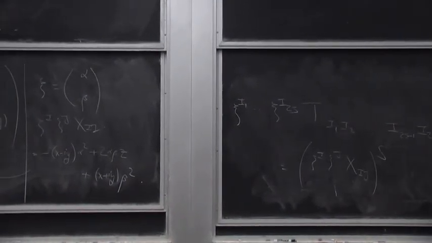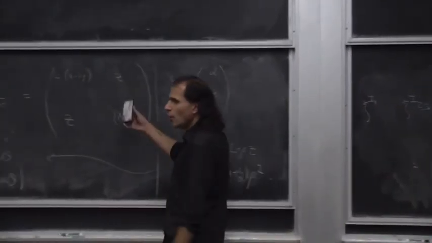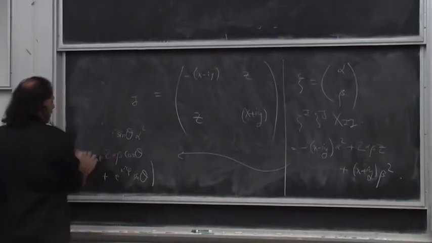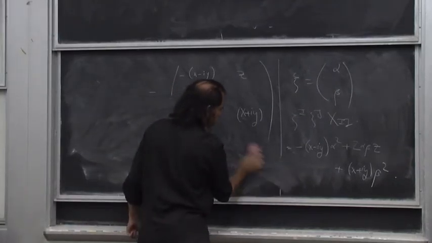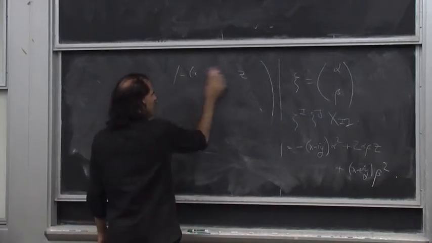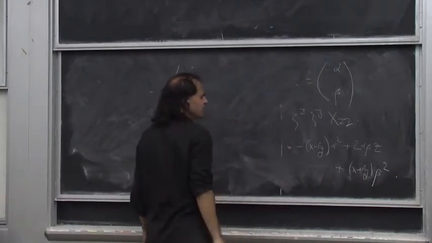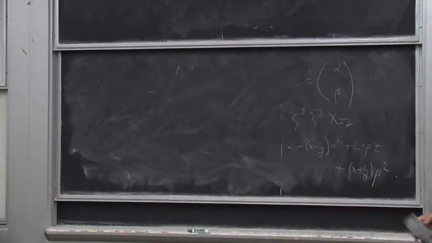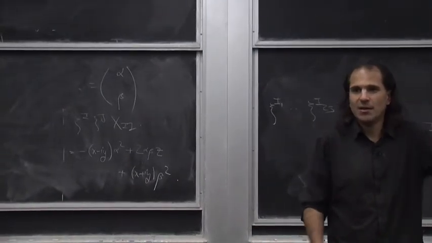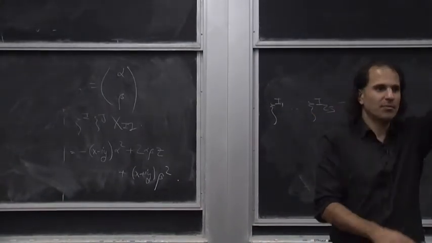Okay, so now we know what the labels are, right? Oh, by the way, I'll leave it as an exercise for you. You can also use this to find trivially the rotation matrix for total general spin. Okay, so you want to do a rotation for spin 17 by angle cos theta.